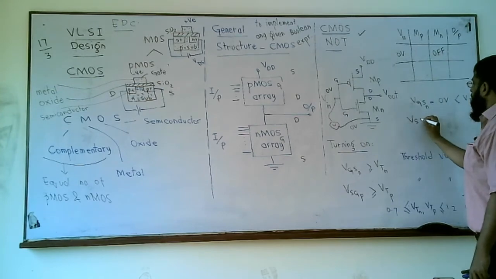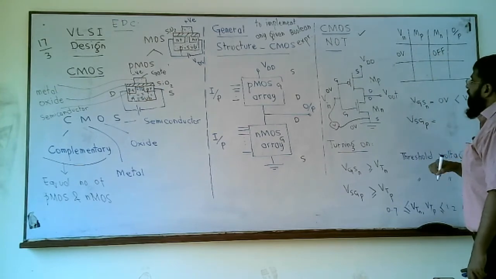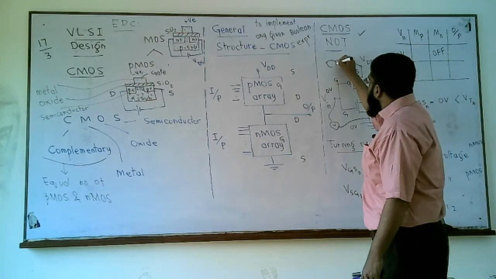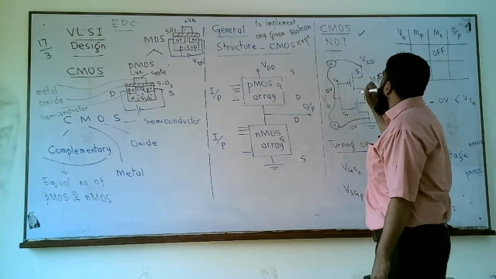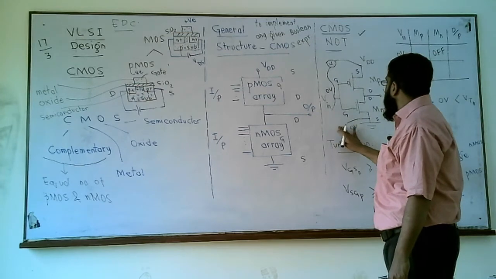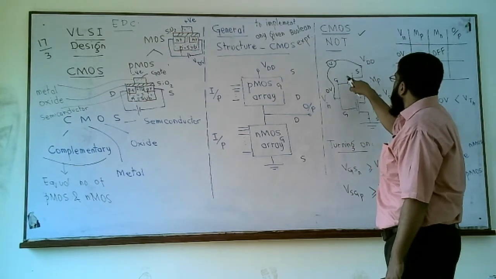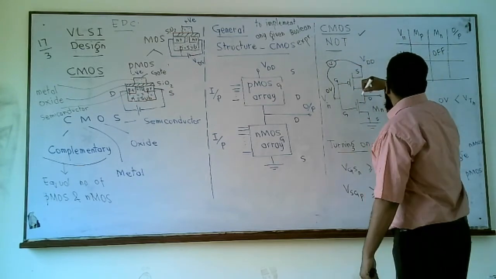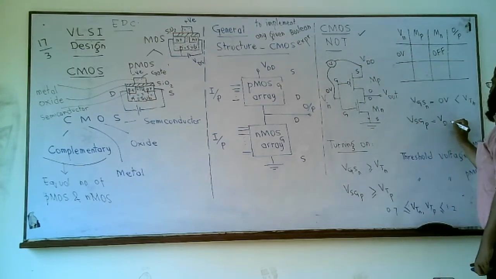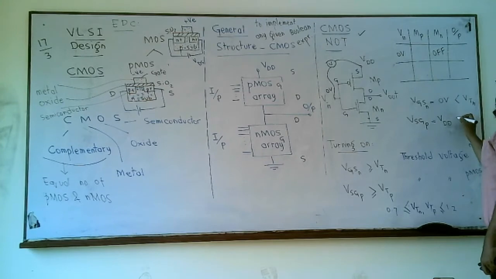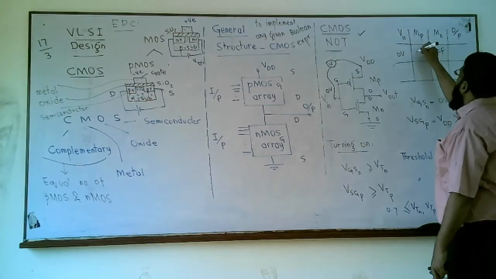Let's check what VSG is. Let's put a voltmeter here and check what it reads. VSG is VDD minus 0, which is VDD, and of course VDD is much larger than VTP, turning MP on.